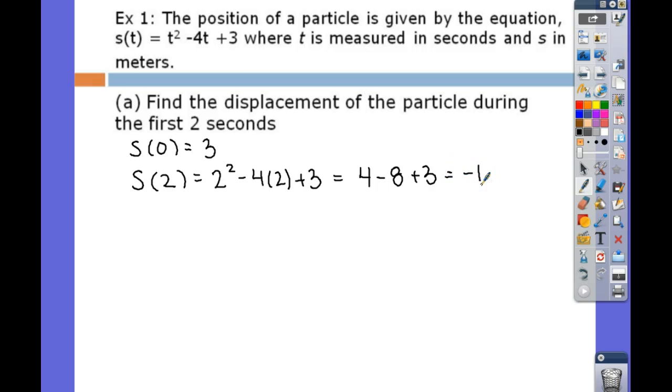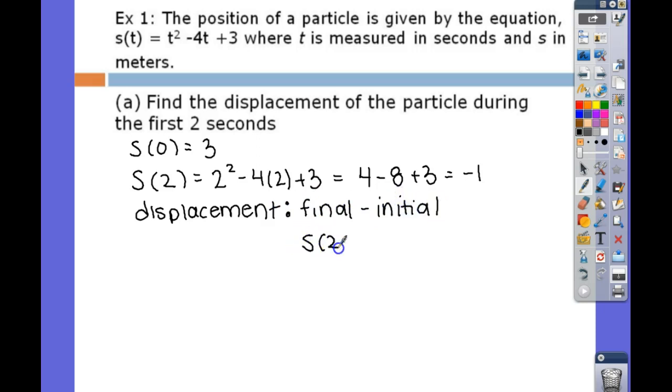So displacement is final minus initial. So in the case of this problem, it'd be S of 2 minus S of 0.